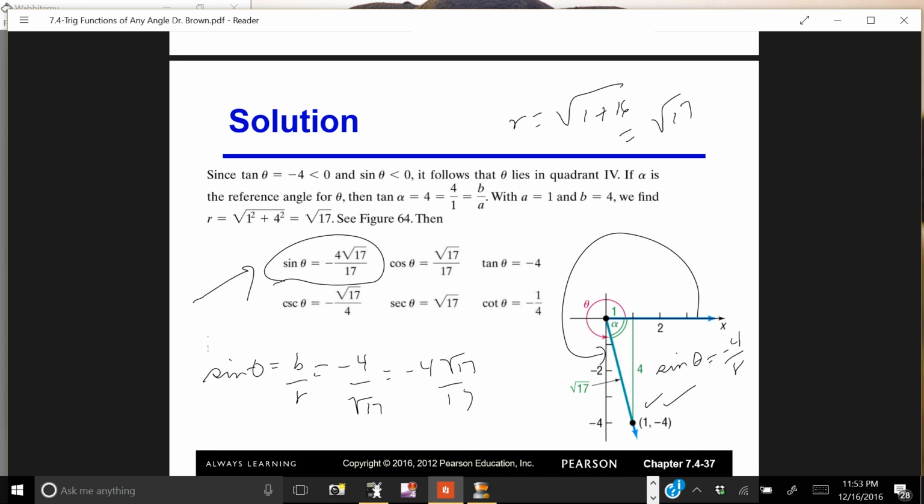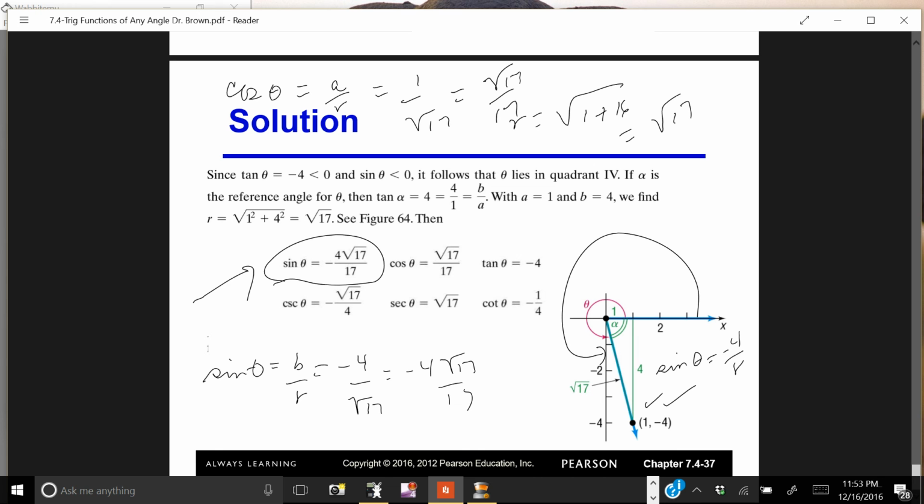Cosine of theta would be equal to A over R, which would be 1 over the square root of 17, which is the square root of 17 over 17. Tangent of theta, as we already know, is minus 4.